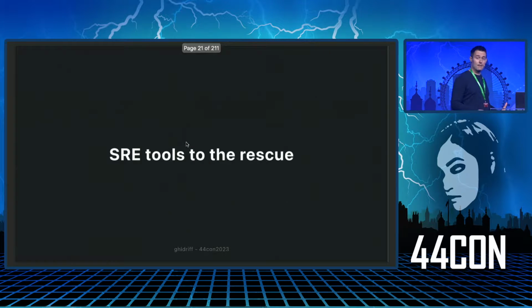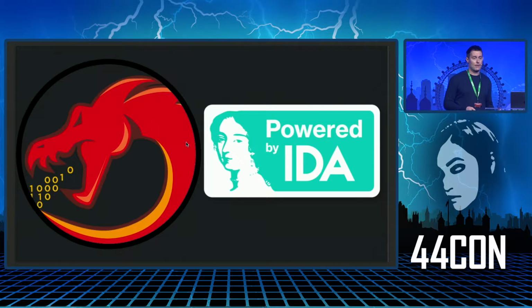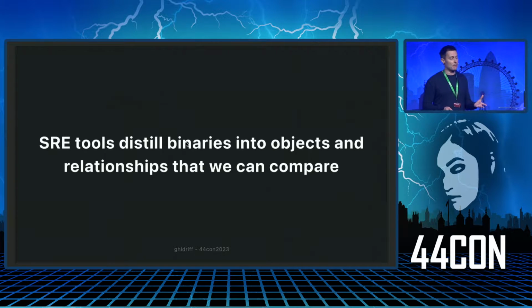But luckily, we live in the day and age of software reverse engineering frameworks, and we can handle these problems. SRE tooling takes these complex binaries and distills them into objects and relationships that we can compare.